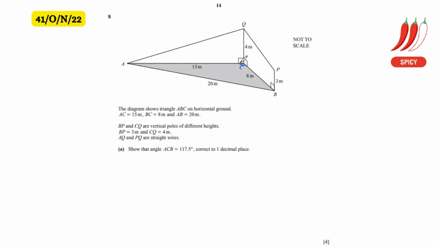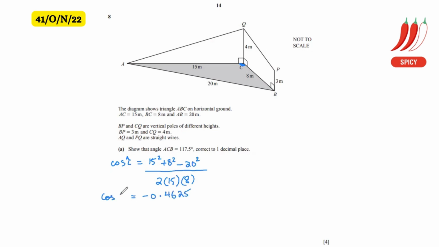So basically this angle. As you can see the triangle ABC, we have all 3 lengths given. That means we can easily apply the cosine rule to find the angle. So it's going to be cos of angle C equals 15 squared plus 8 squared minus 20 squared, divided by 2 times 15 times 8, which will give us negative 0.4625.